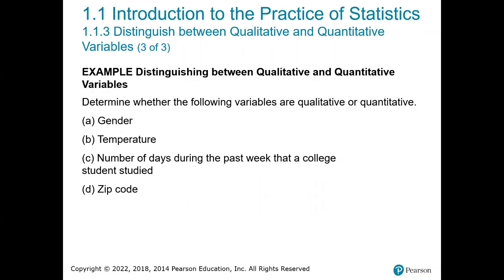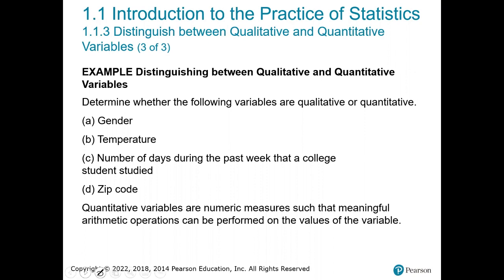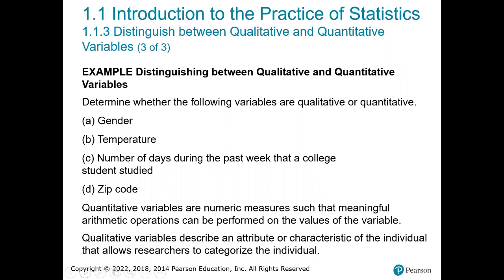So determine whether the following variables are qualitative or quantitative. The first one here is your gender. Gender is going to be a word response. Oh, sorry, I didn't remember which was coming first. So quantitative, remember, are numeric responses that we can perform adding, subtracting.